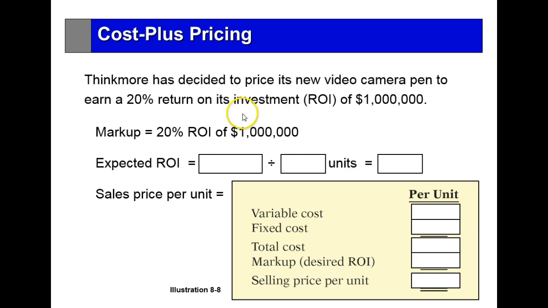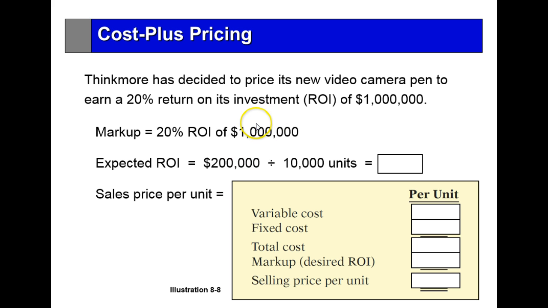Now let's say Think More has decided to price its video camera pin to earn a 20% return on investment, or 20% of $1 million, which is their invested assets. So the expected return on investment would be $200,000.